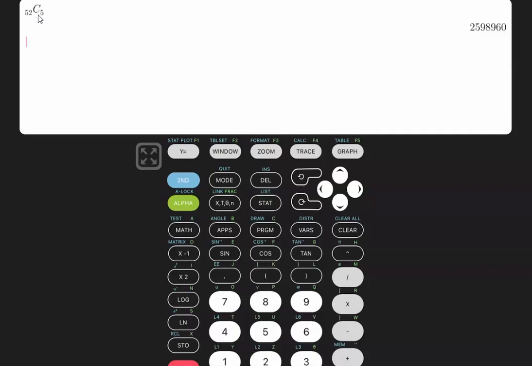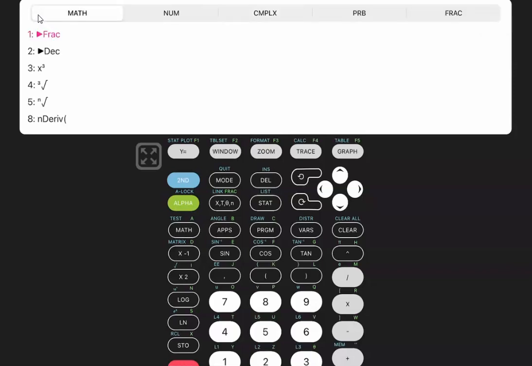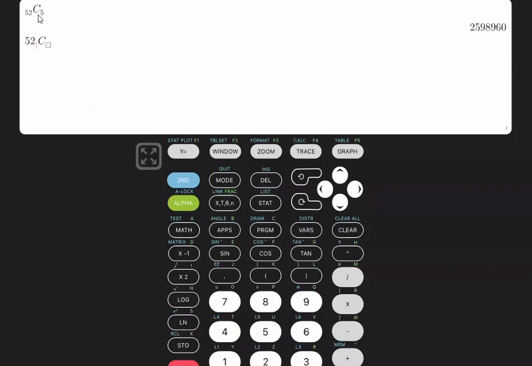Again, if you have an older calculator, you type in 52 first, then hit math, scroll over to probability, scroll down to number 3, and it'll look like it's all on the same level. You just hit enter and it should give you the answer.